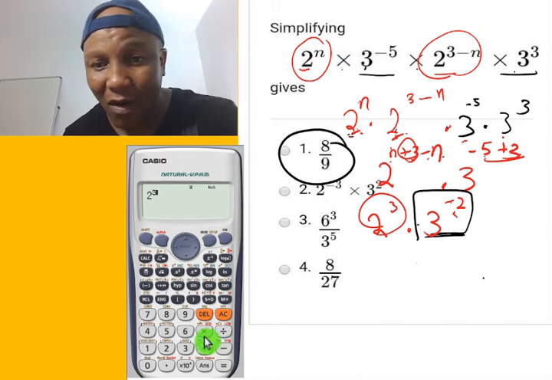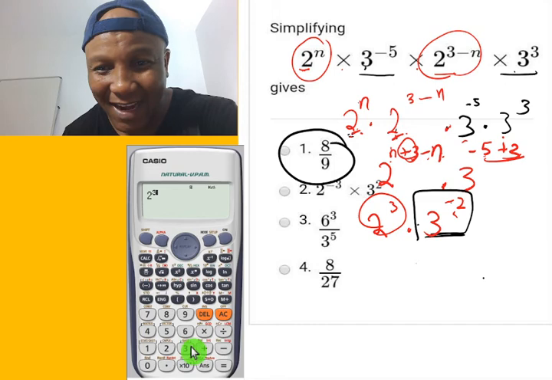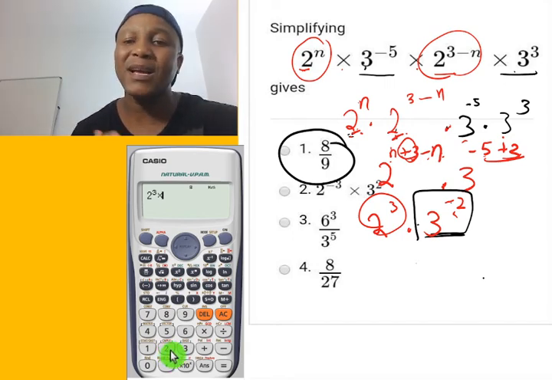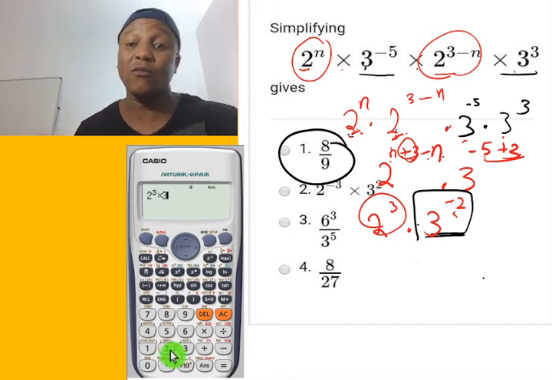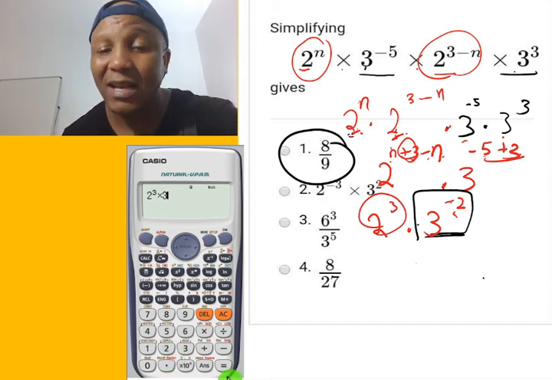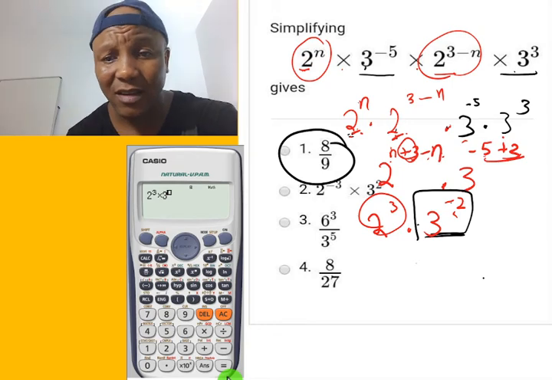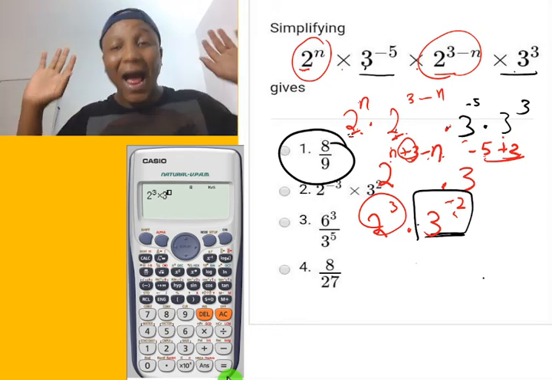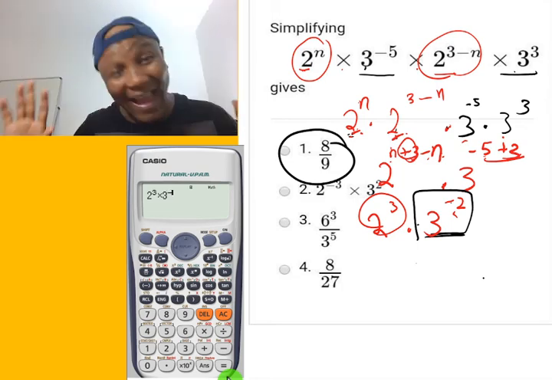Now we say 3 power negative 2. My calculator is kind of freezing for some reason. I don't know why. It just worked by itself, I didn't even touch it. I typed a long time ago, but it takes a little time.